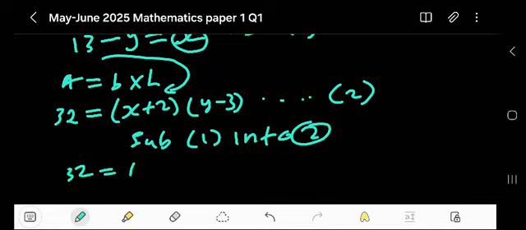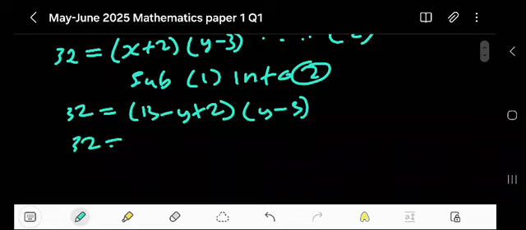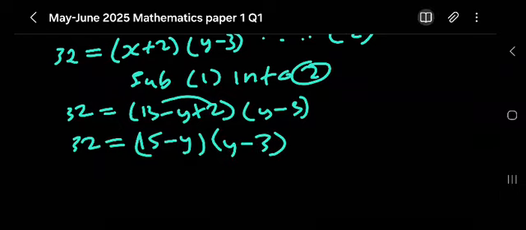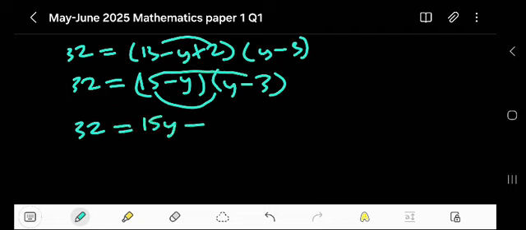Then when you substitute there, we'll have 13 minus y plus 2, into y minus 3. Definitely this is 32. When you add this, you'll have 15 minus y, times y minus 3. This is what we have. But if you distribute, we're still on our left hand side, we still have 32. Then if you distribute, you have 15y there. 15 multiplied by that will be minus 45.